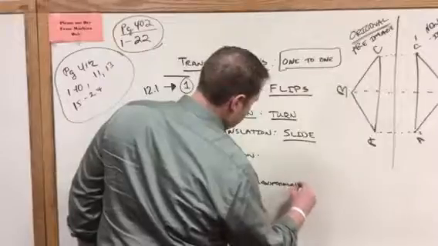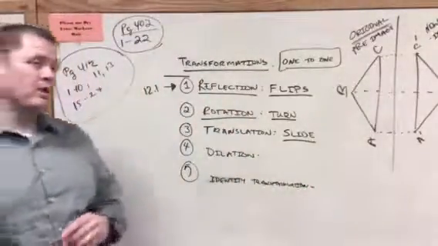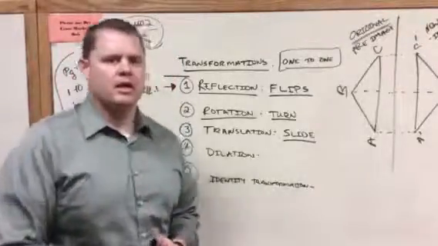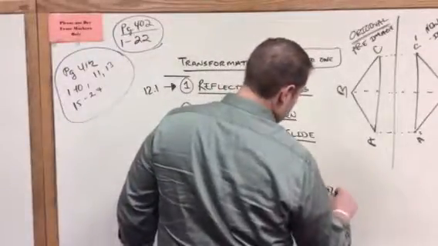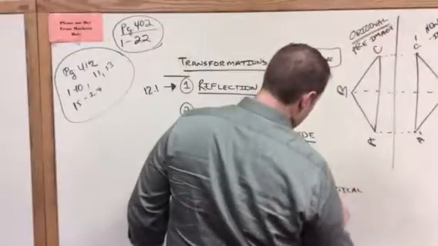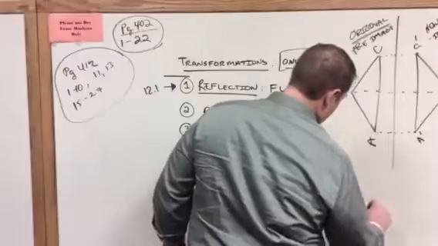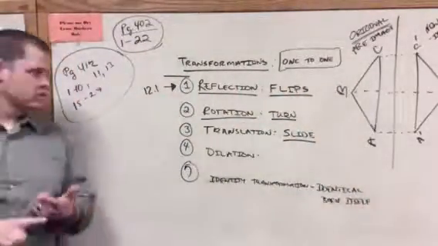All right, what's an identity transformation? Well, that is when it flips to come back to its original self. It comes back to the original, so it's identical. Okay, back to its original self, and we'll talk about that more later. Okay, so we have a reflection, flip, rotation, turn, translation.